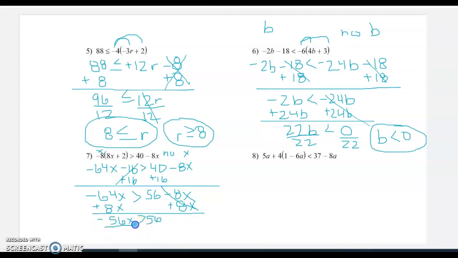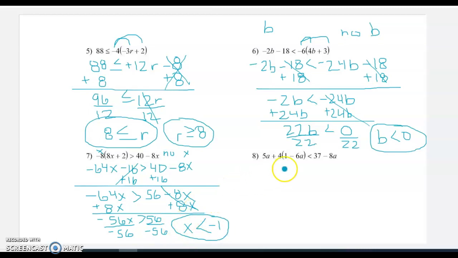So now to get rid of a multiply by negative 56, everyone's on the correct side, so it's time to get x alone. I would divide by negative 56. That bell just went off in my brain because I said divide by negative. So I'm switching this to x is less than, and 56 divided by negative 56 is negative 1.